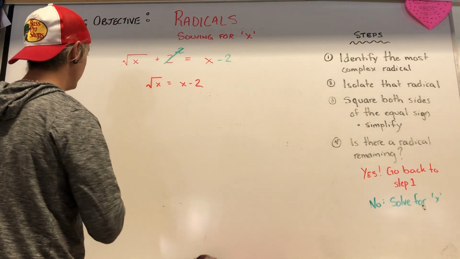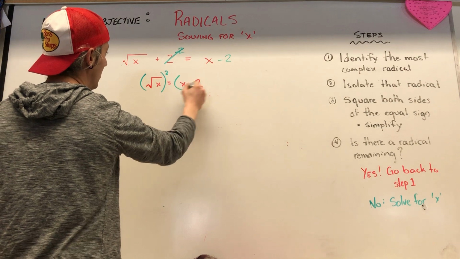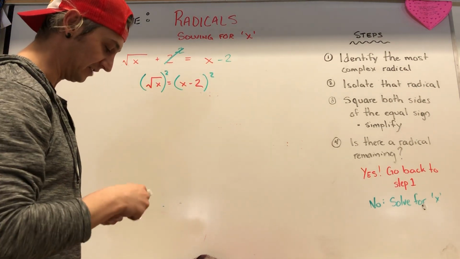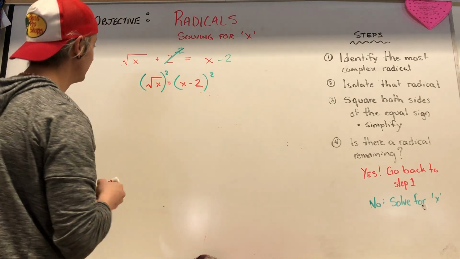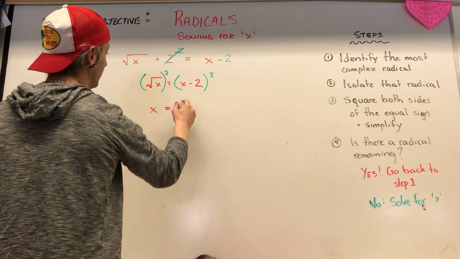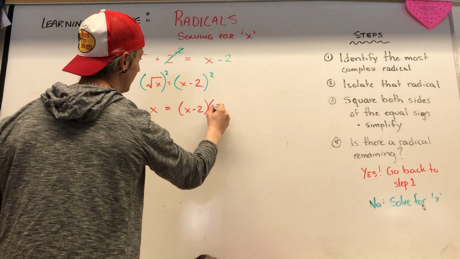And I can do that. So square that and then square all of this, a binomial. Now I know that the square root of x times the square root of x is just x. And this becomes x minus 2 times x minus 2.